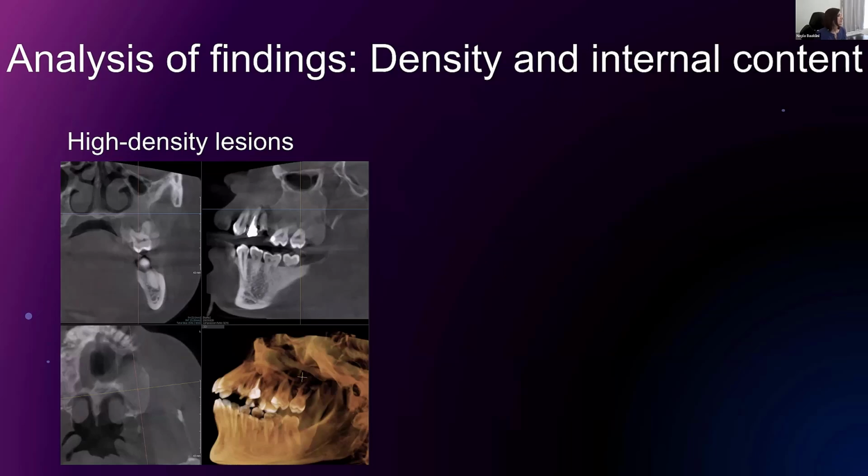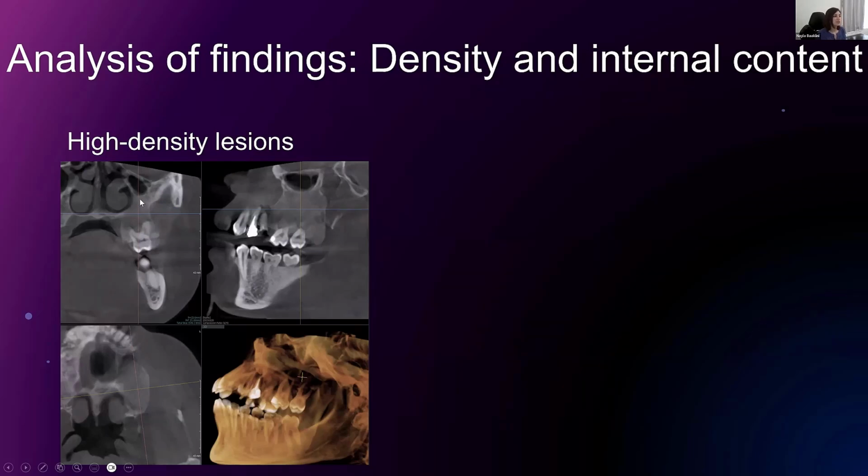This is a lesion in the right posterior maxilla. We can see, as Dr. Bukhari mentioned before, a granular density. It has a homogeneous granular density, and it blends in with the surrounding bone. This is a fibroosseous lesion, which is a fibrous dysplasia.